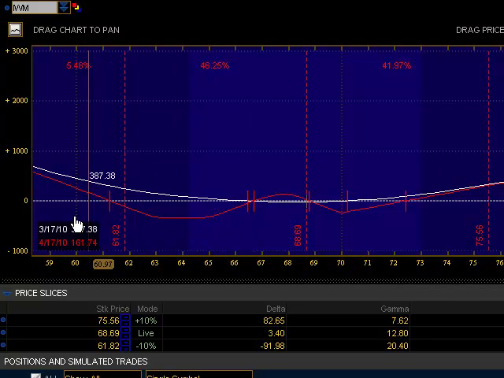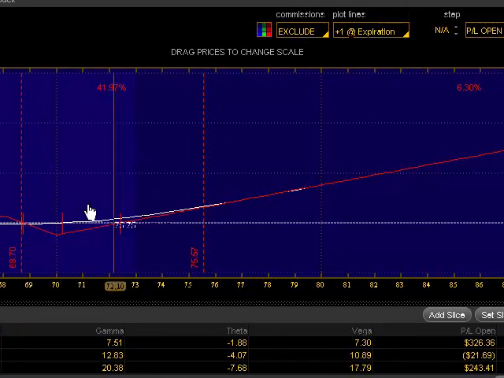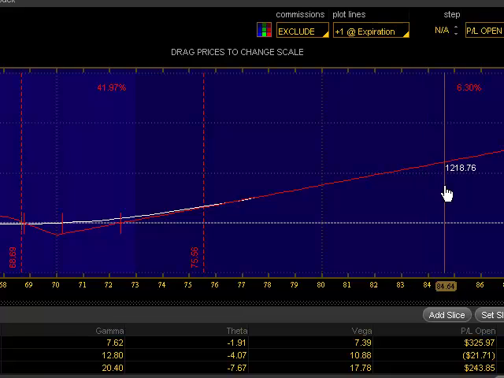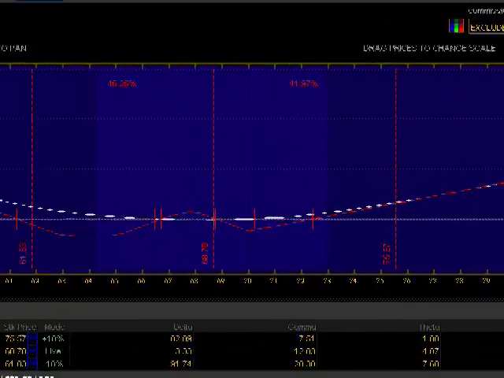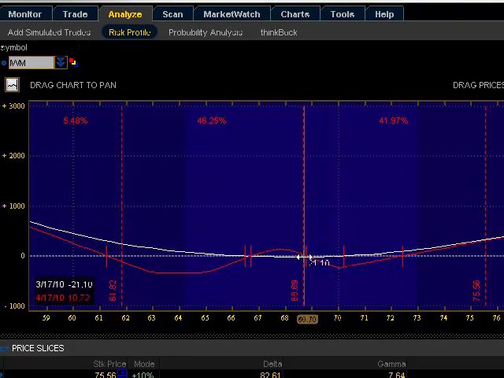If we move quite a bit lower, we make more money. And to the other side, if the market moves significantly higher, we make more money. Sometimes trading isn't all in what you can make, but it's what you don't lose.